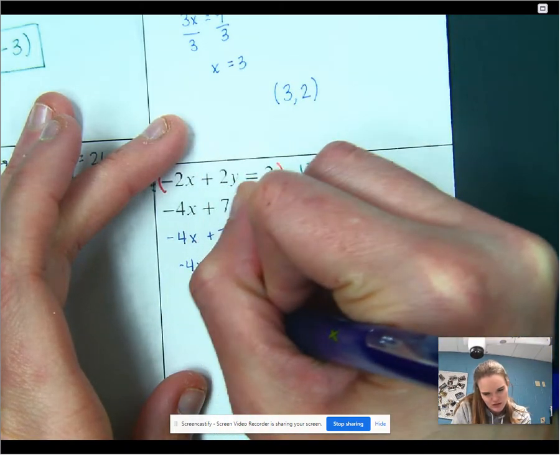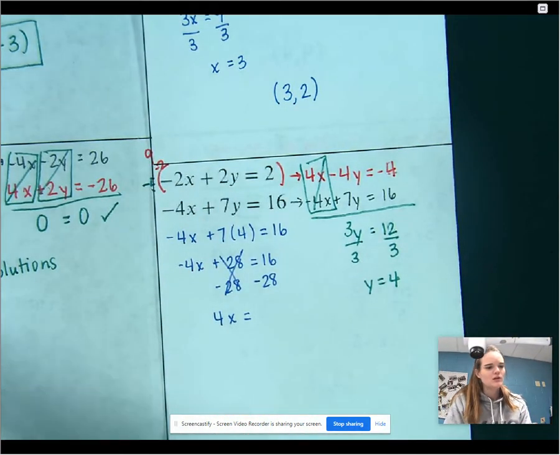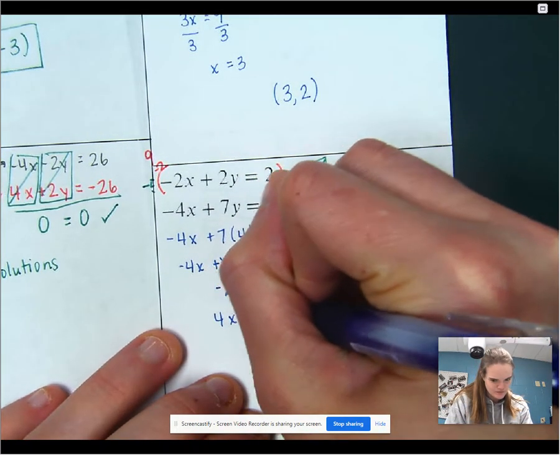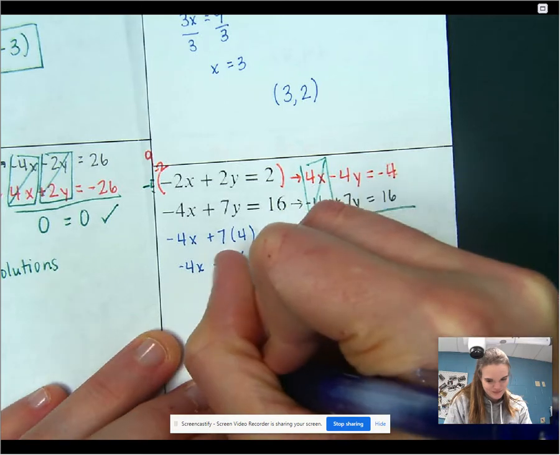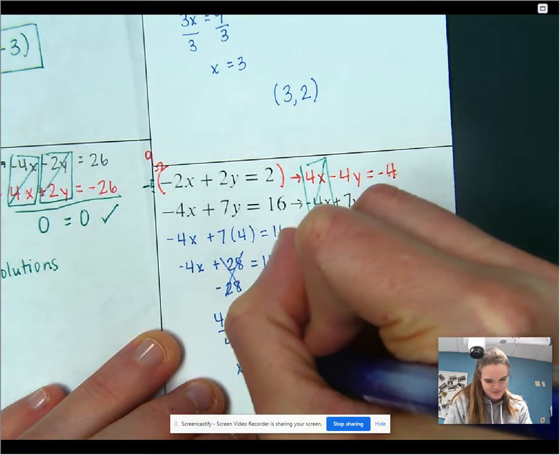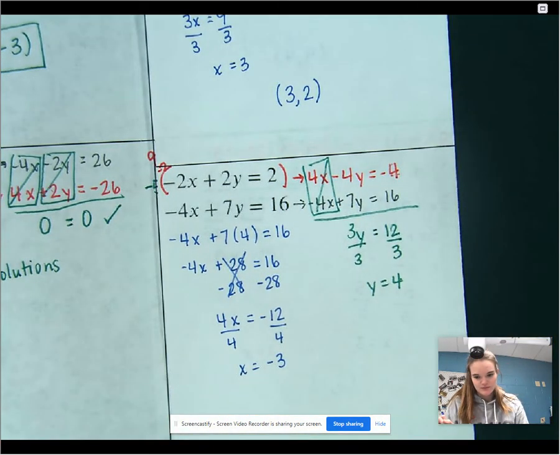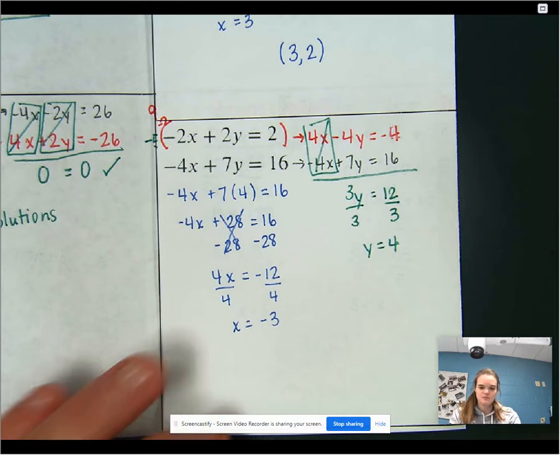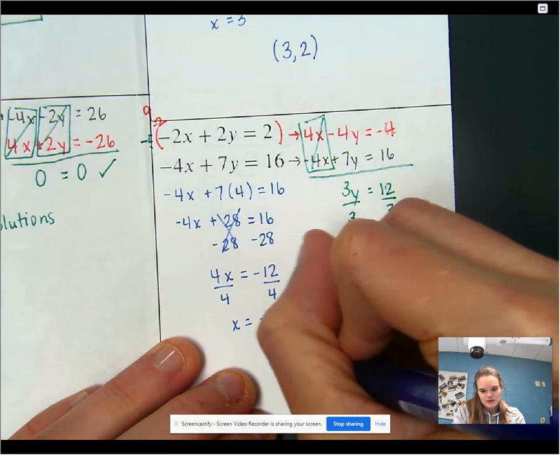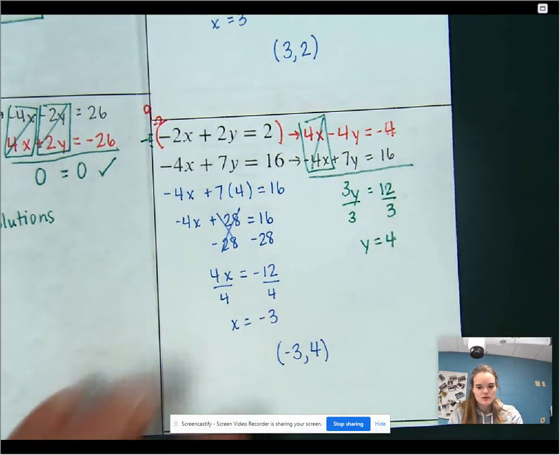Negative 4x equals negative 12. Negative 3, 4.